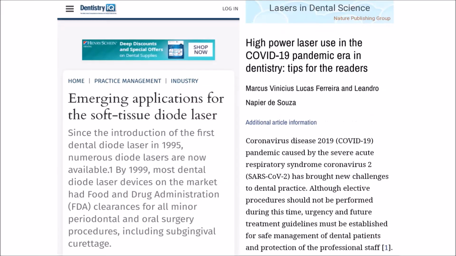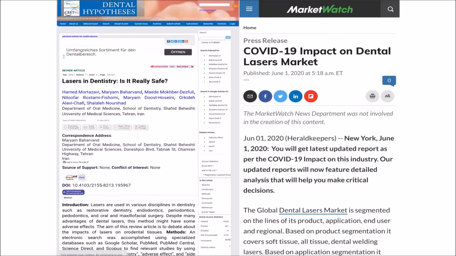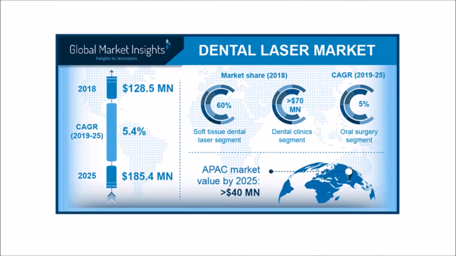In addition to the use of the lasers, when I say lasers, I mean both the soft tissue and the hard tissue, which we call the diode and the erbium lasers. So the advantage of using those lasers. And we also understand how safe it is and what the market share is, and how people are predicting the use of lasers in the coming years.